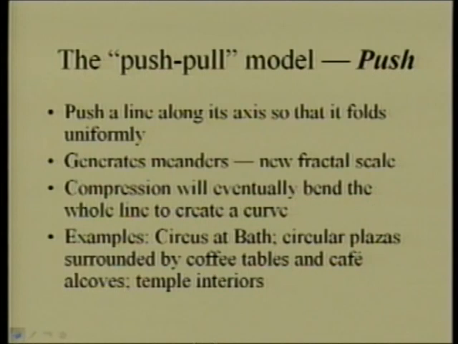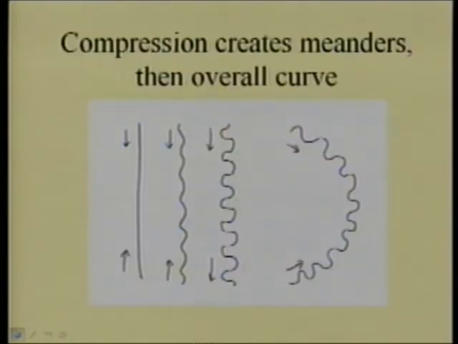Circular plazas are surrounded by coffee tables and alcoves, and temple interiors are surrounded by alcoves. All these give great experiences. Here is a diagram where you push something so that it bends and creates the meanders, and then further pushing bends it into a curve.